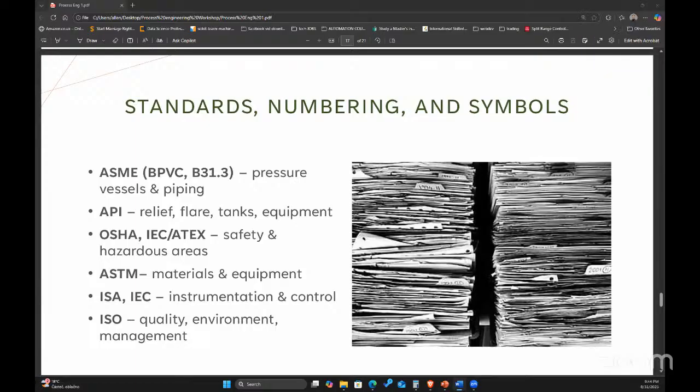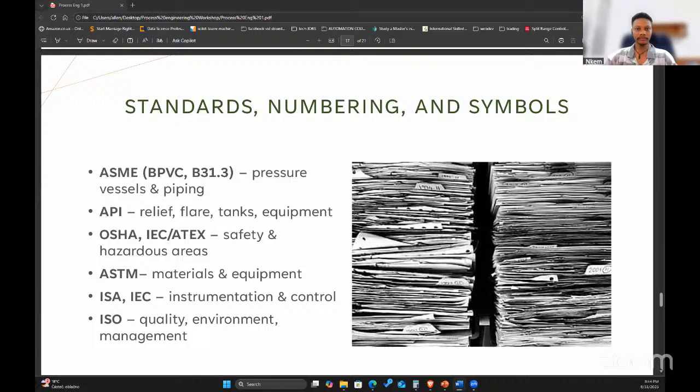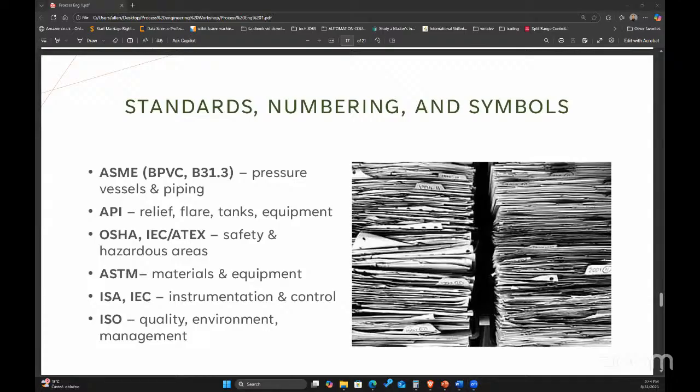So I saw it through standards and symbols. I understand all their full meanings, and then API, we actually use it for the calculations. That's the American Petroleum Institute. And ASME is American Society of Mechanical Engineers. And then OSHA is an organization based in UK. Yes, it's based in UK, but it has some other branches all around the world.